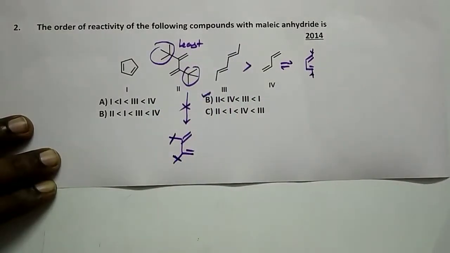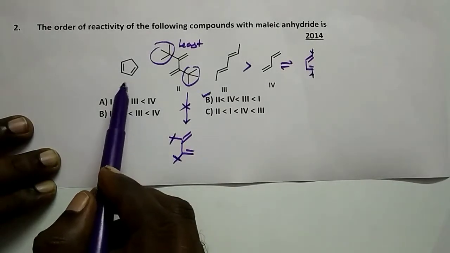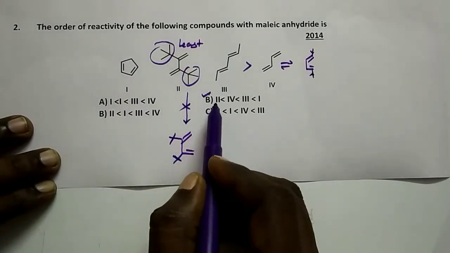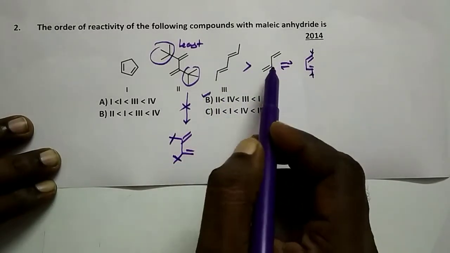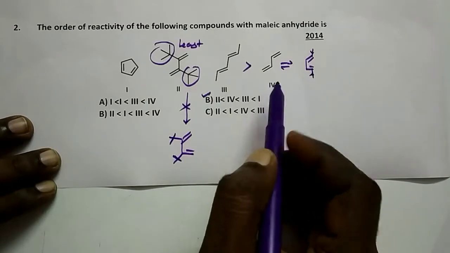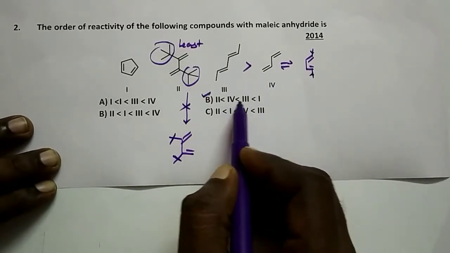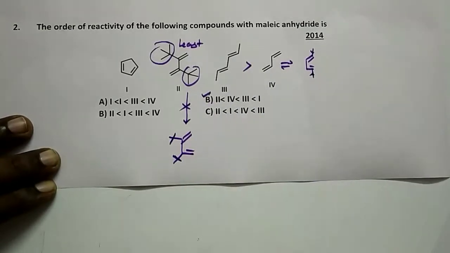The best is 1, worst is 2. And as I said, 3 must be more reactive than 4. Yes, 3 is more reactive than 4. So option B.